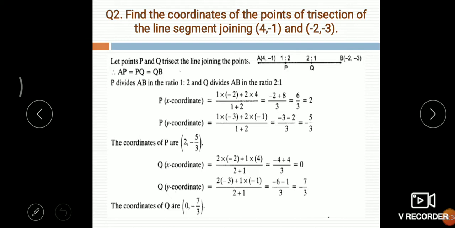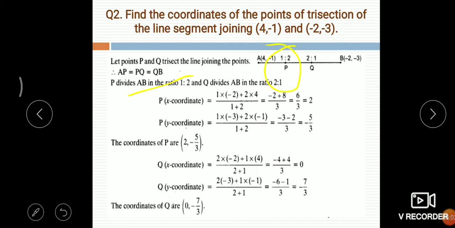As we know that AP is equal to PQ is equal to QB, because these points are trisecting the line, right? So in case 1, let us calculate the point P. To calculate the abscissa of point P, keep in mind we will take the ratio 1:2. Why? Very simple.